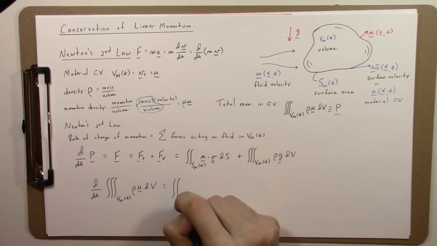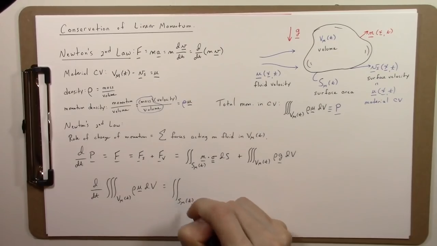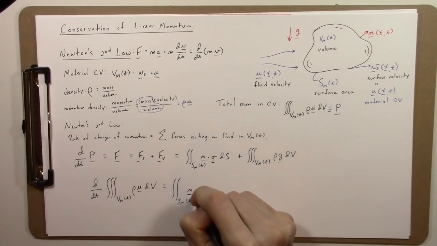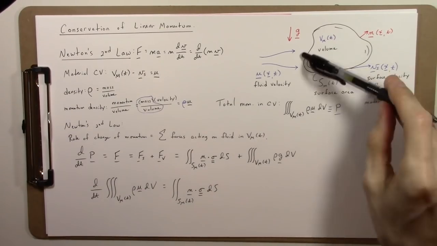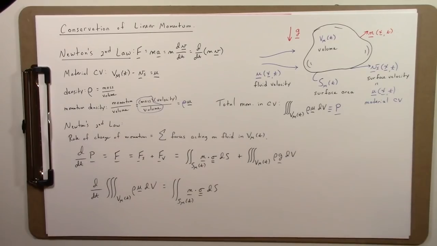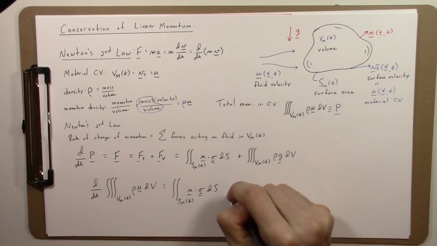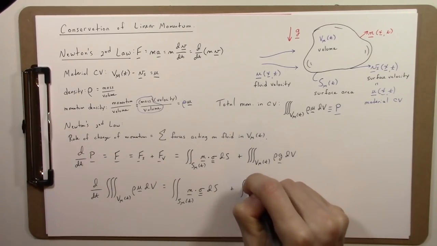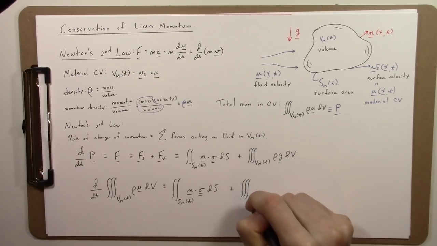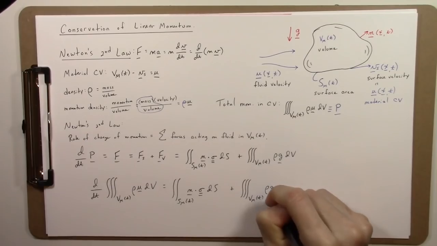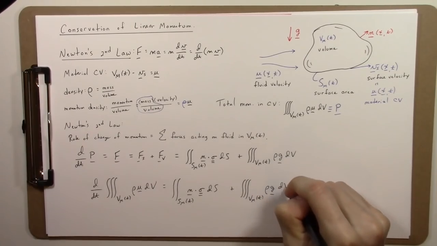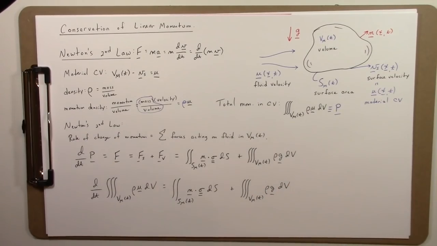So we have the surface forces or stresses, which is a surface integral of n dot sigma, giving the stresses exerted on this control volume by the fluid outside of the control volume due to its deformation or motion. And then we have the body force, or the force per volume, acting on Vm of t which is just the total force due to gravity, which is the integral of rho g over the volume dv.